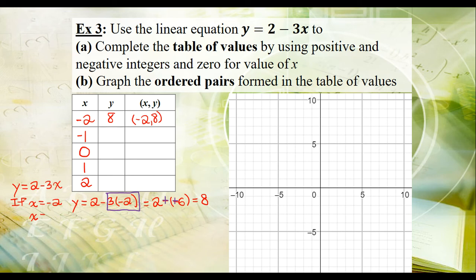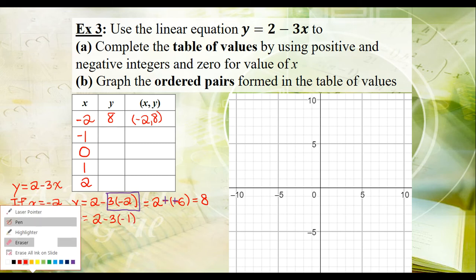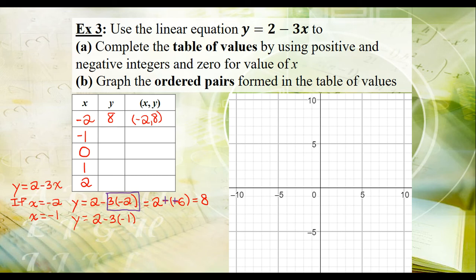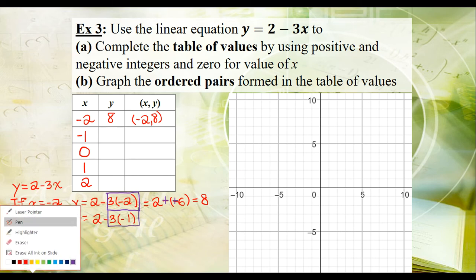So that's x equals -1. So that would be y is equal to 2 minus 3. In the place of x, we're going to do a substitution or place it in brackets with a -1. And again, I'm going to watch the order of operations here. So we're going to do the multiplication first, which is going to be the 3 times the -1.